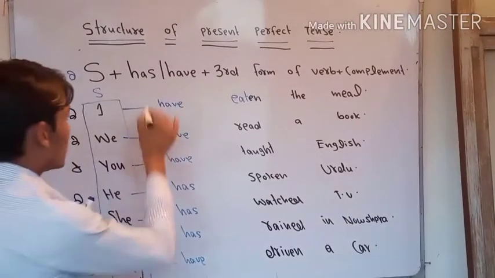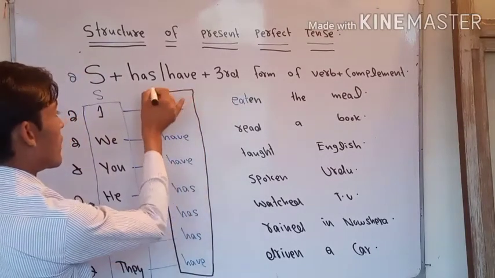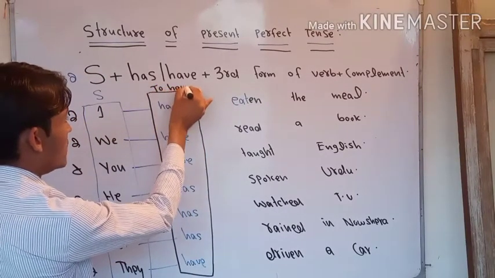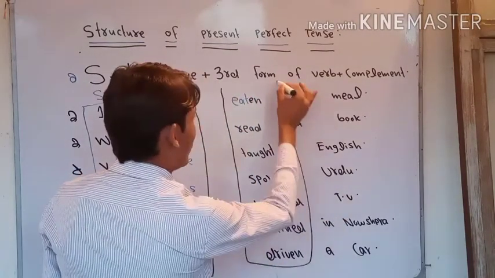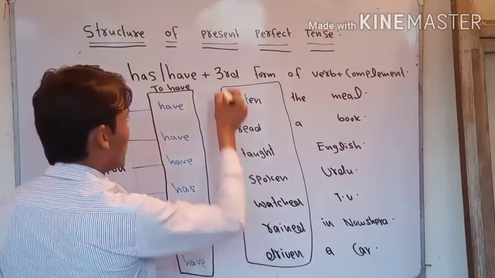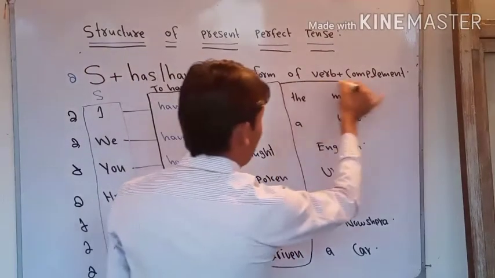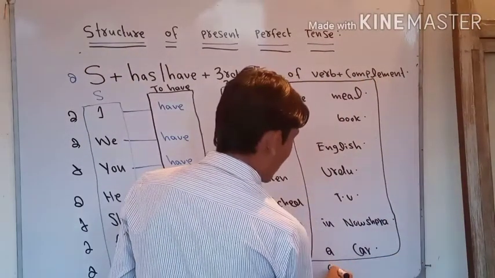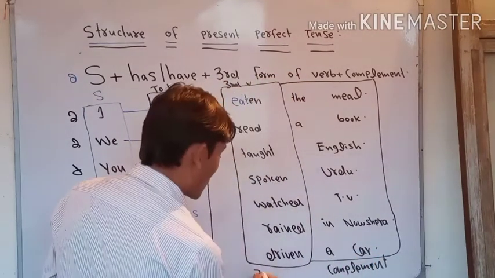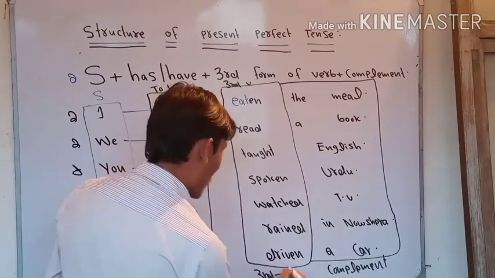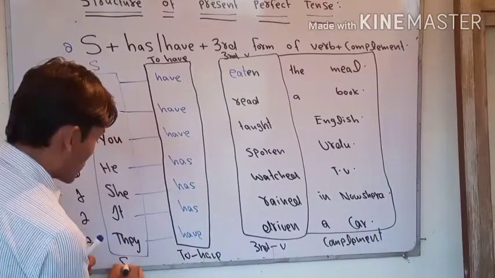And these are called the past participle form of verb, which is also called the third form of verb. And this is known as the complement. And this one is called the subject.